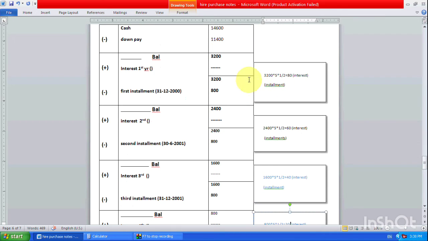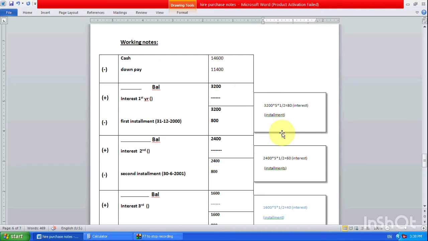Remember the interest we need in the interest account: first 80, second 60, third 40, fourth 20.